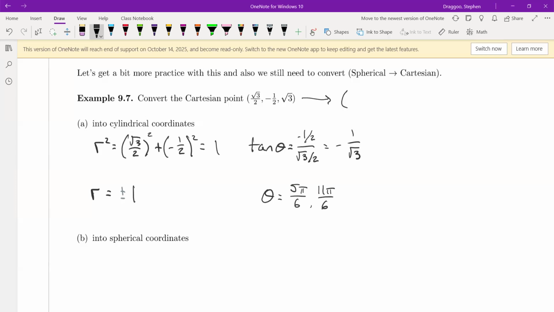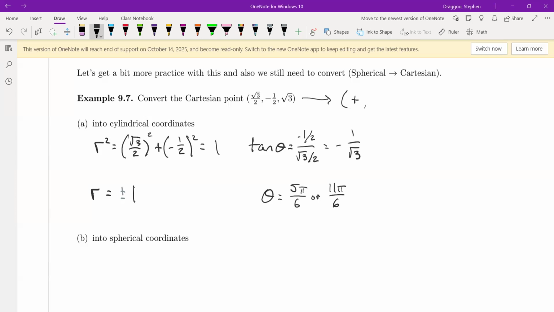So if I've got to decide between those two angles, throw an or right there. If you take the tangent inverse of negative 1 over root 3, it's going to tell you that the answer is negative pi over 6, which, while I guess correct, isn't within our guidelines of saying that I want theta to be between 0 and 2 pi. So we're going to try to use one of these other angles instead.